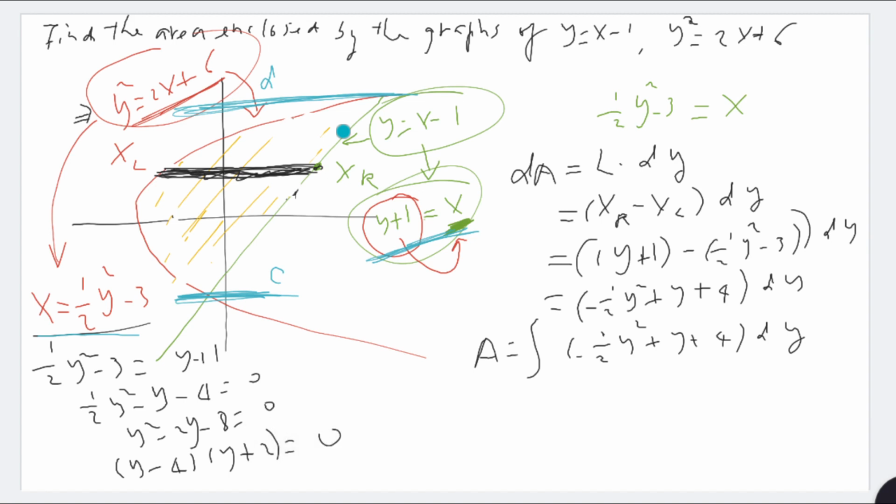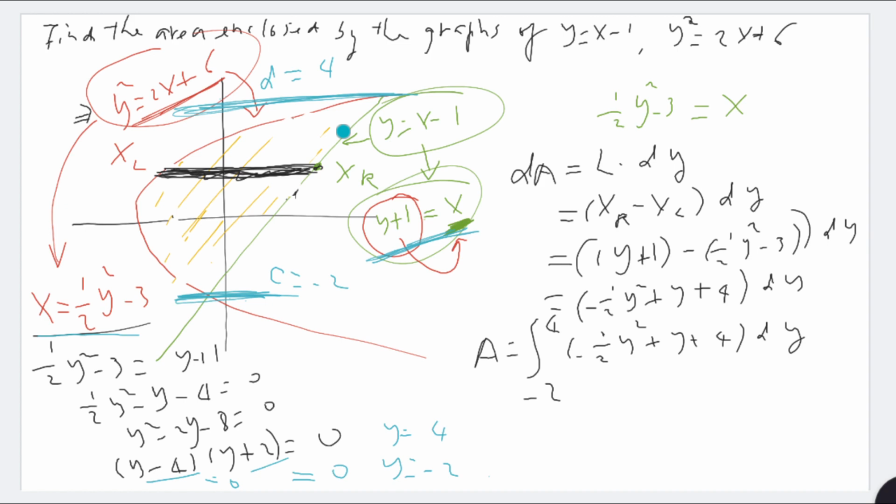And set each to 0, and then you can see c equal to -2, d equal to +4. You just set each to 0. Set this to 0, set this to 0. You find y equal to 4 and y equal to -2. From the graph, we can tell this must be -2, this must be +4. So the limits are -2 to +4.